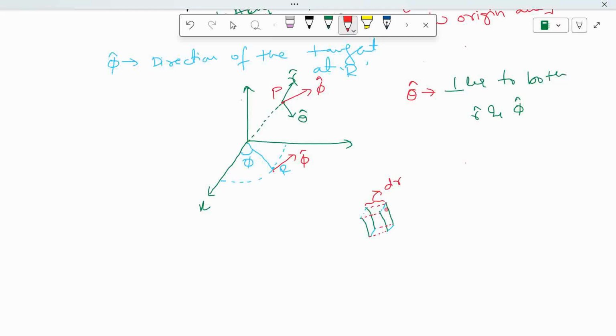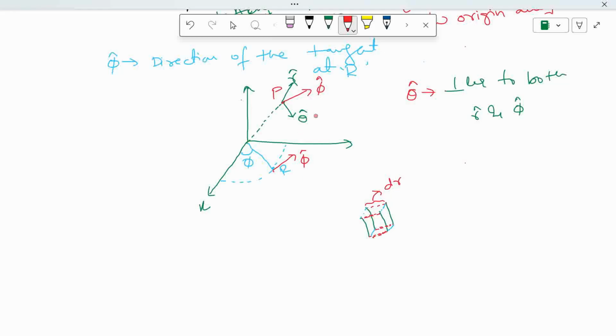Now we have to determine this green part and the sky blue part. Imagine that this dr is the same for these red lines, all of these are equal.